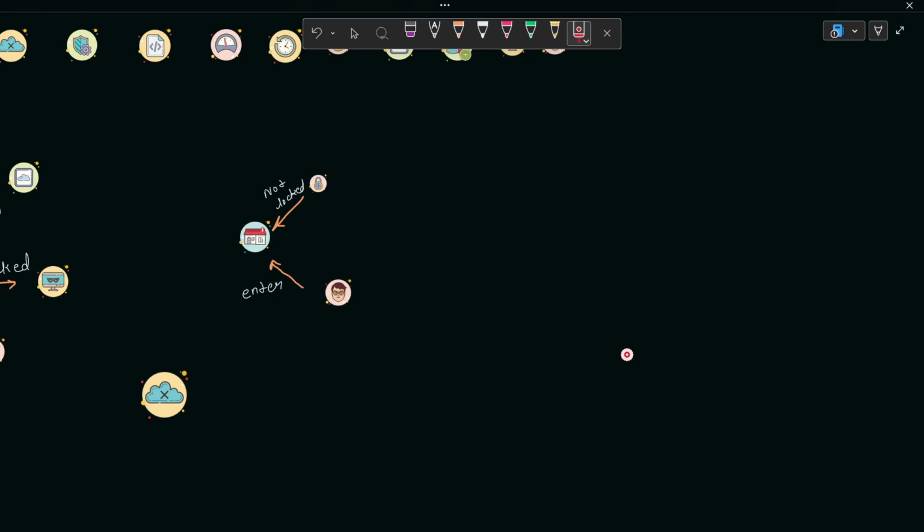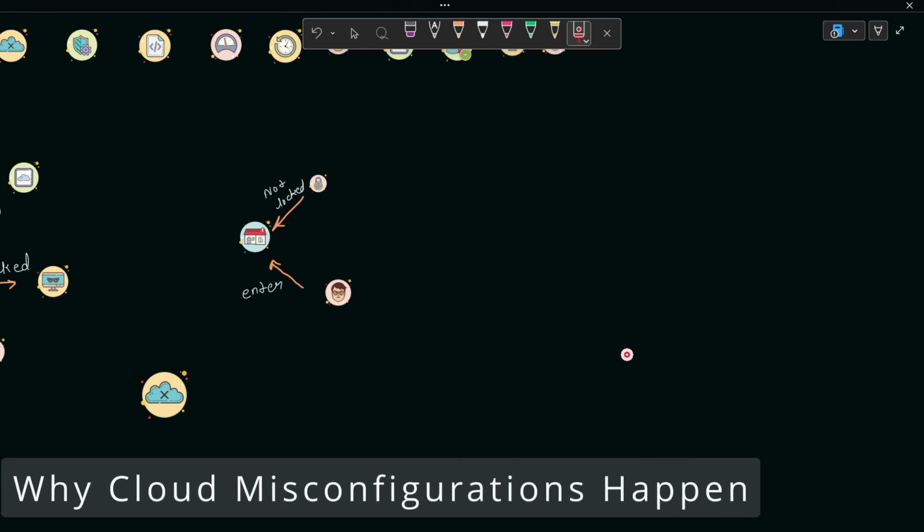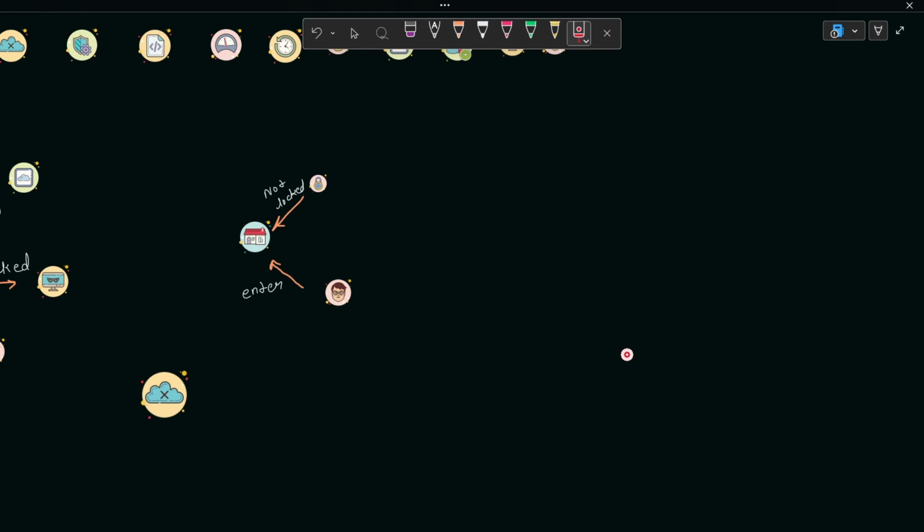When security is so much needed in the cloud, then why are cloud misconfigurations so common? Cloud platforms are flexible by design. They allow engineers to configure almost everything. Misconfigurations happen because speed is prioritized over safety. Security settings are sometimes confusing.